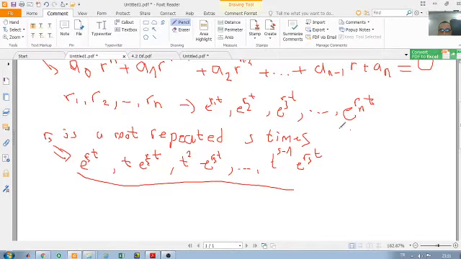So one of the factors of the characteristic equation can be written as r minus rs to the power s. In this case, the corresponding special solutions of the homogeneous differential equation will be like that.